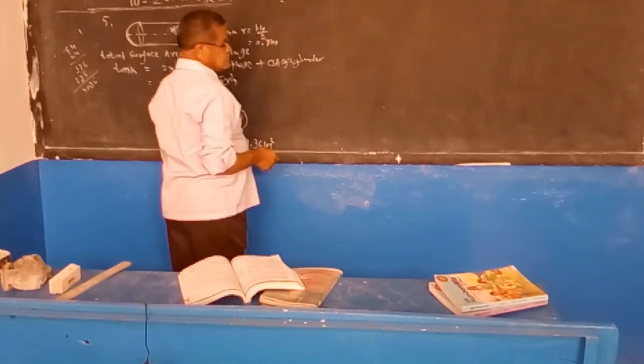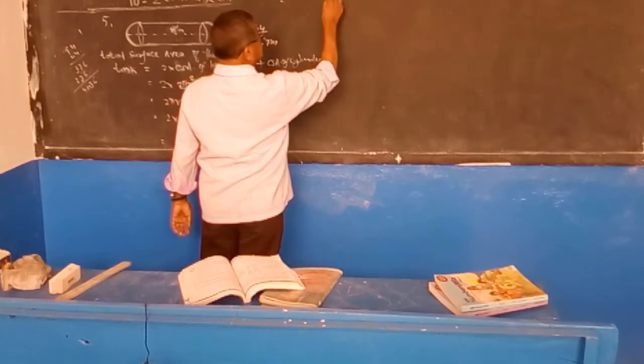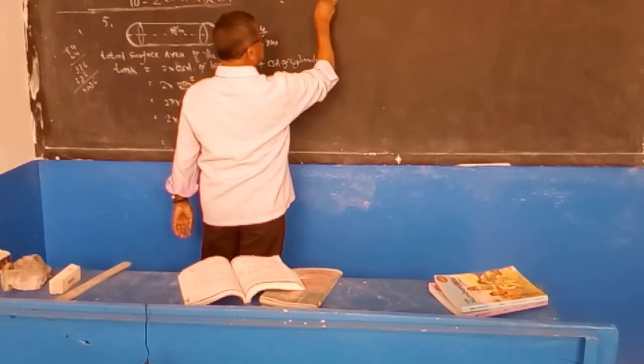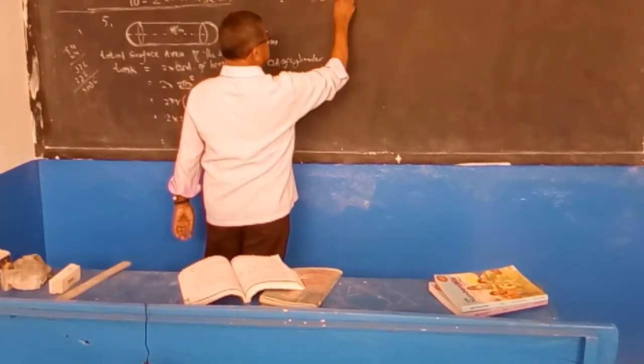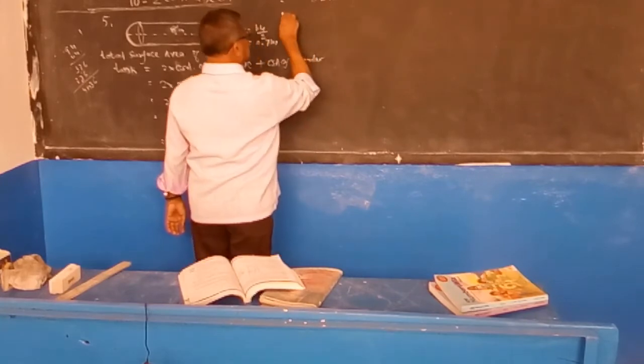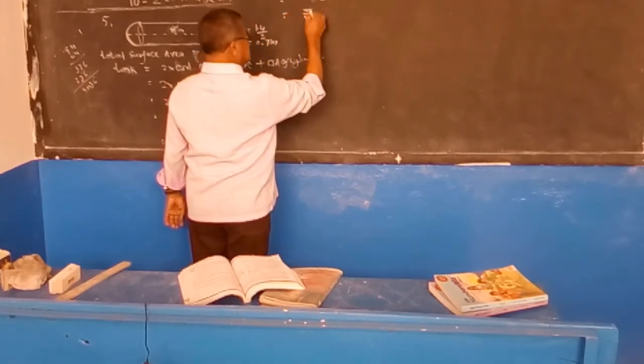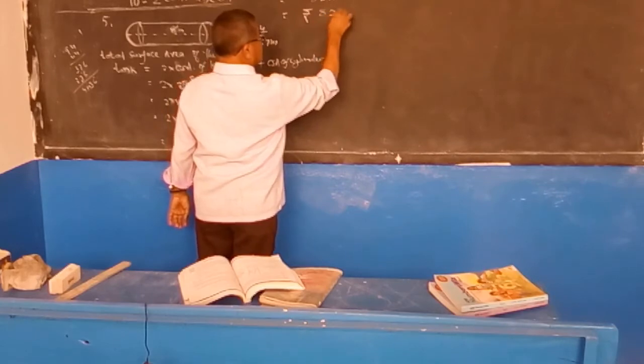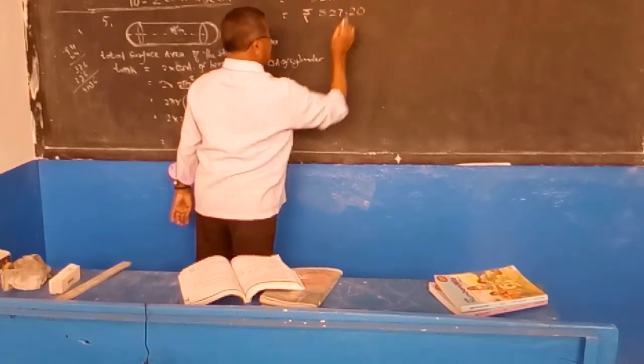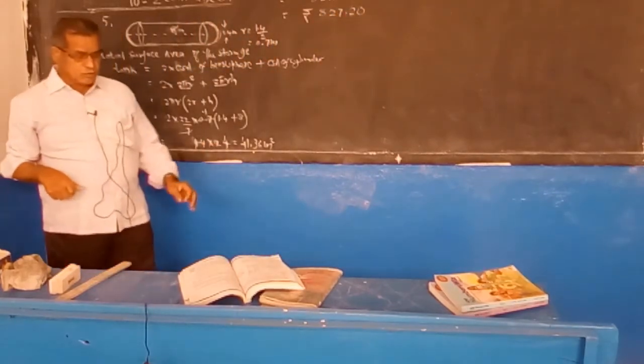Multiply. Decimals 2. So the cost is rupees 827.2.